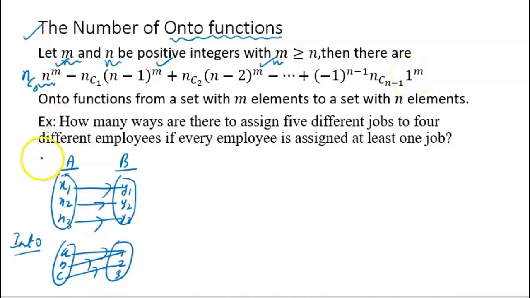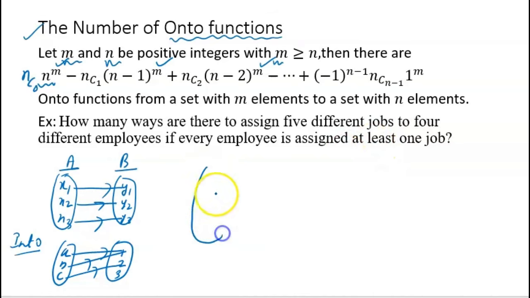To understand the application of it, I think it will help you to understand better. Let us look at this problem. How many ways are there to assign 5 different jobs to 4 different employees if every employee is assigned at least one job?